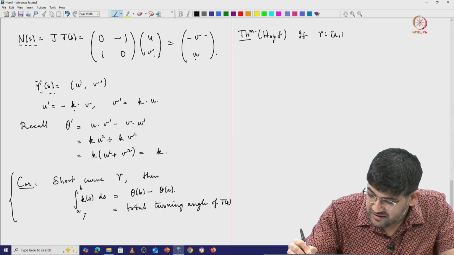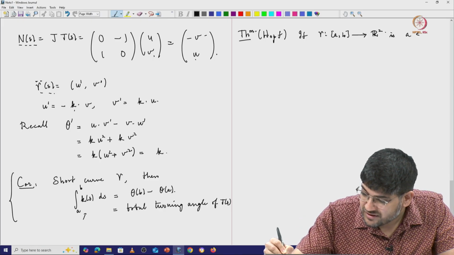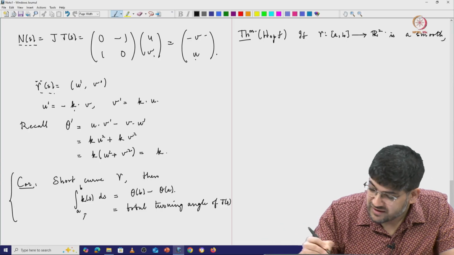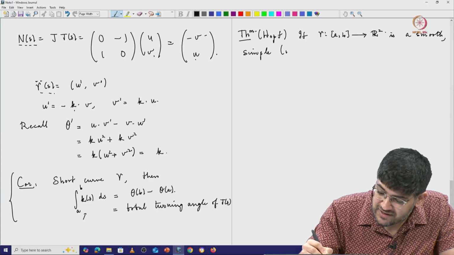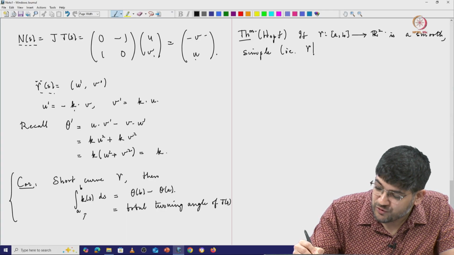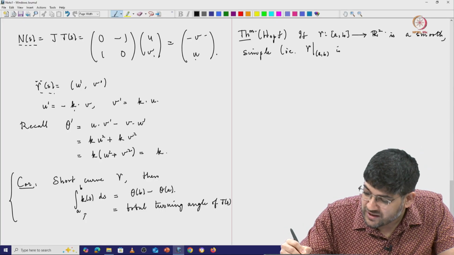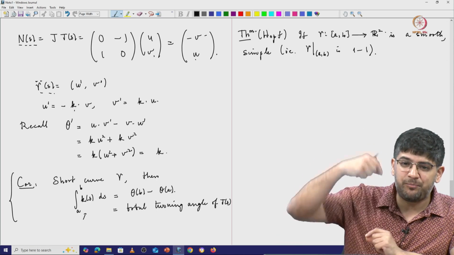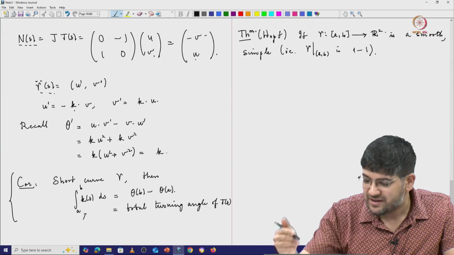gamma is a smooth, simple, closed curve. So what does simple mean? Simple means that if you restrict it to the open interval a to b, this is actually 1 to 1. So the only point at which it intersects itself is at the end points.